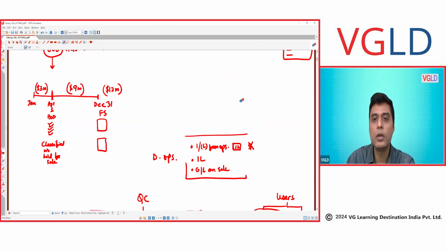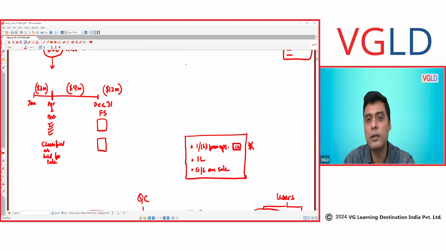Okay, so now coming to the other items. The income or loss from operations we have discussed. Then the impairment loss. Impairment loss is the value of Maruti 800 overall as a business for Maruti.